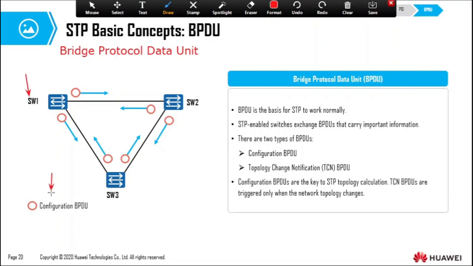It's going to be sending configuration BPDUs. Otherwise, also when STP is initializing, the other switches will also send configuration BPDUs. Are you getting the point? We exchange BPDUs in order to carry out an election, for example. Otherwise, this one, topology change notification, we only send a TCN when we have a topology change, link failure or device failure.